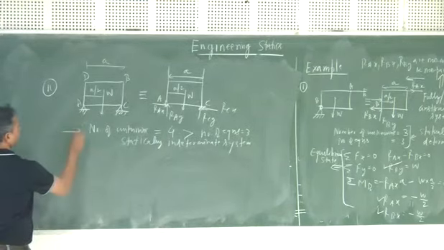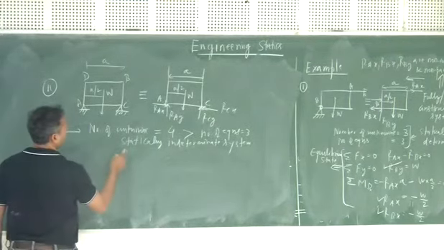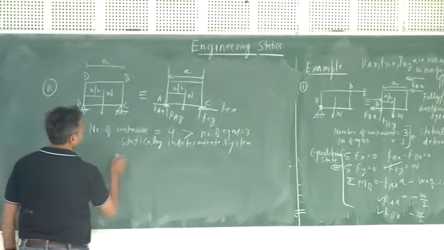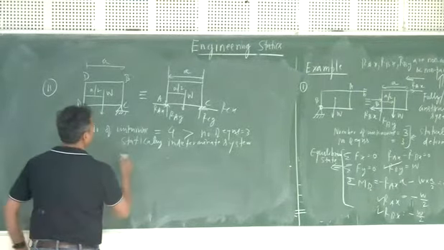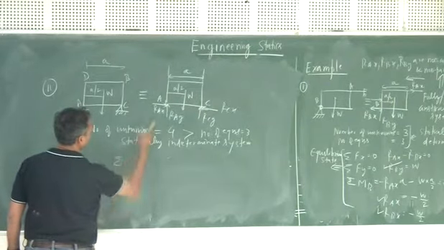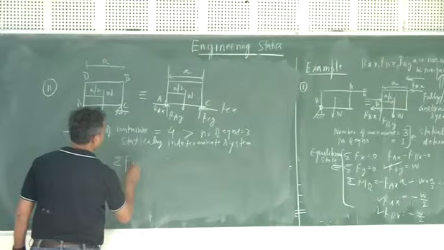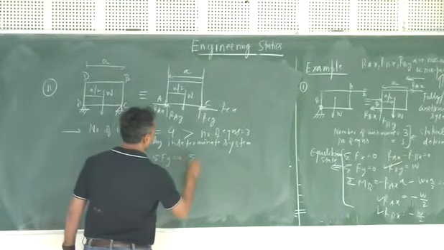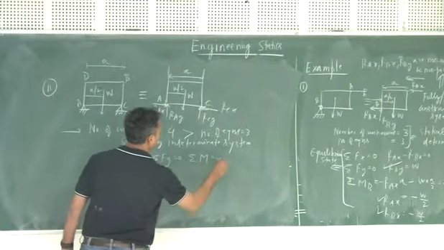Second point that you can say is whether they are in equilibrium or not. So if you try to, if all these reactions are going to satisfy you, Fx is equal to 0, Fy equals to 0, and summation of M equals to 0.